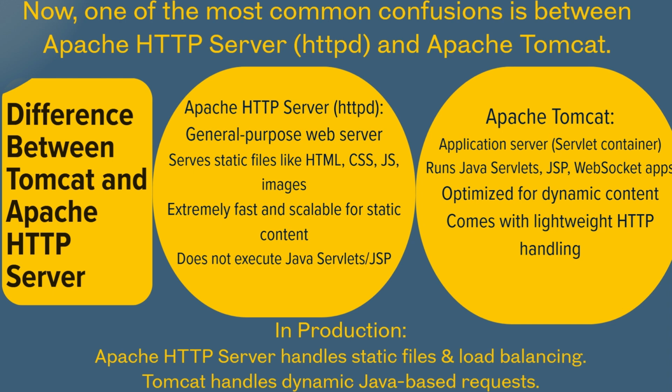Apache HTTP server is extremely fast and scalable for static content, whereas Apache Tomcat is optimized for dynamic content. Apache HTTP server does not execute Java servlets or JSP, whereas Apache Tomcat comes with lightweight HTTP handling. What's the difference in production? Apache HTTP server handles static files and load balancing, whereas Tomcat handles dynamic Java-based requests.